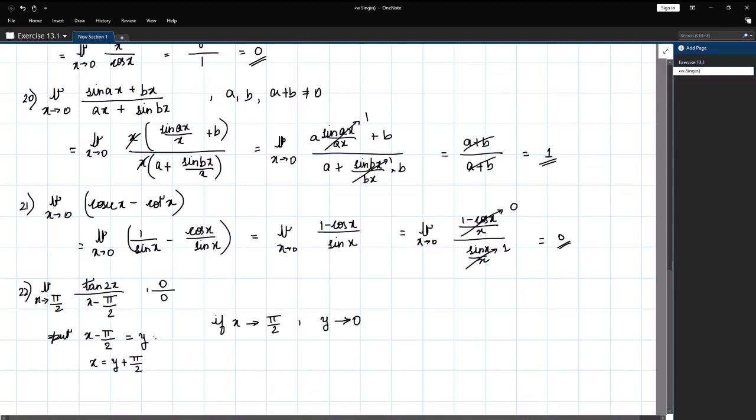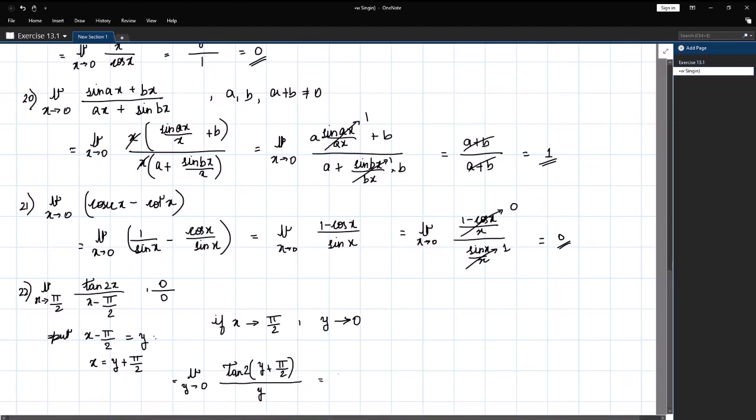So if we substitute all of this, the expression will be equal to limit y tends to 0 of tan 2 of (y plus pi by 2) whole divided by y.